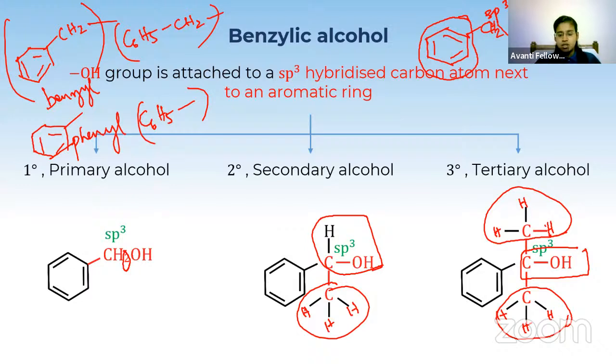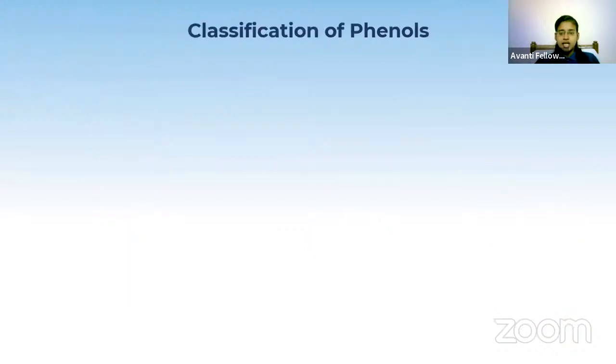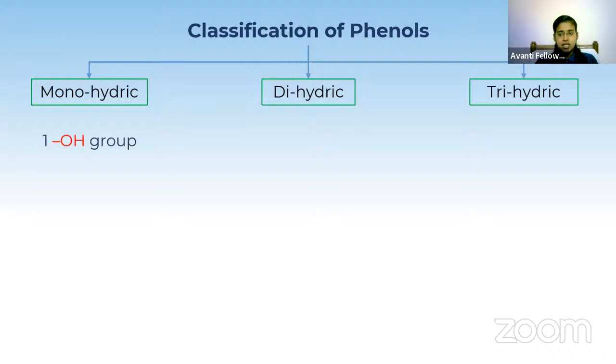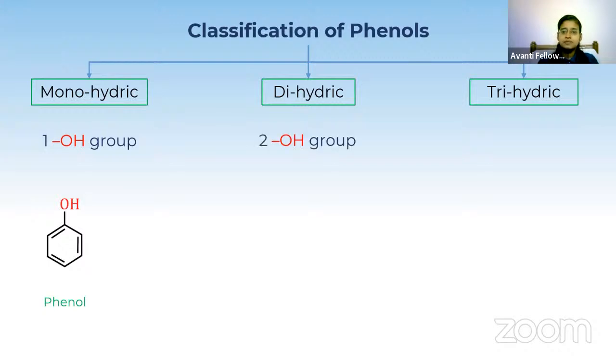Coming to the classification of phenol, phenol is also classified according to the number of OH groups present inside it, as monohydric, dihydric and trihydric. Mono means only one OH will be there, and the example is phenol. Dihydric means there will be two OH groups.